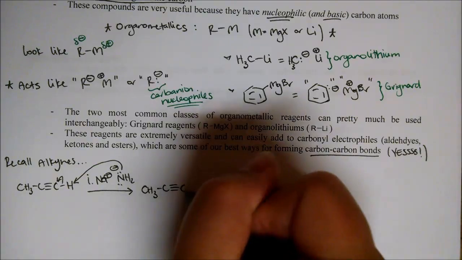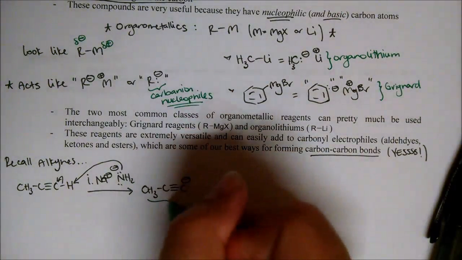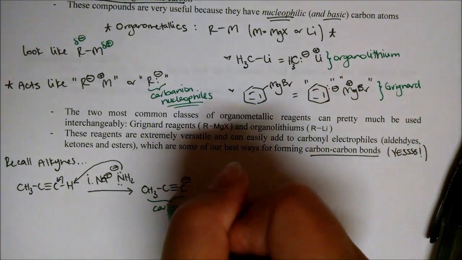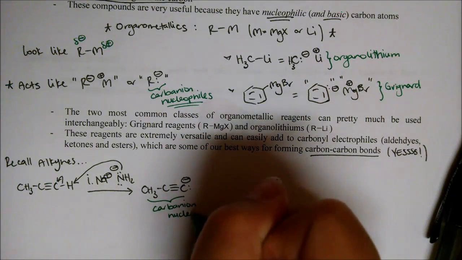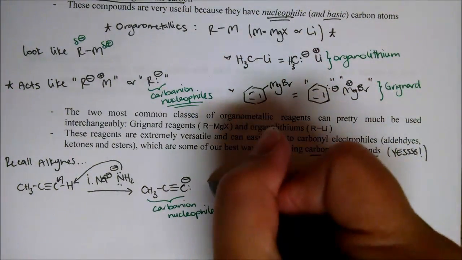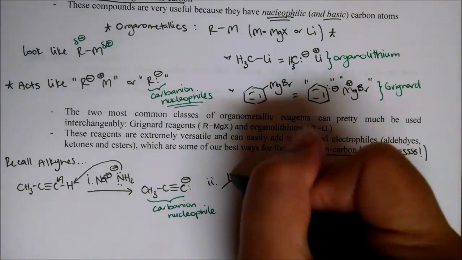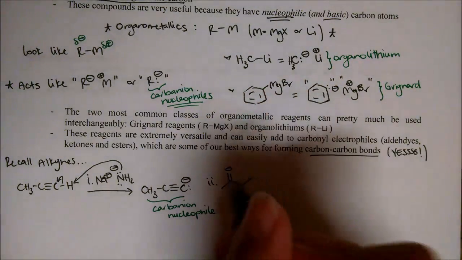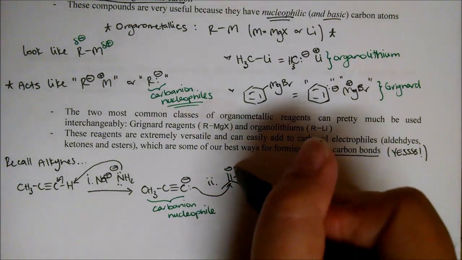which gives us CH3C, the carbanion. Again, this is an awesome nucleophile. So then when we threw in our electrophile, which you should all have seen and remember from your homework, we could go in and attack that carbonyl.